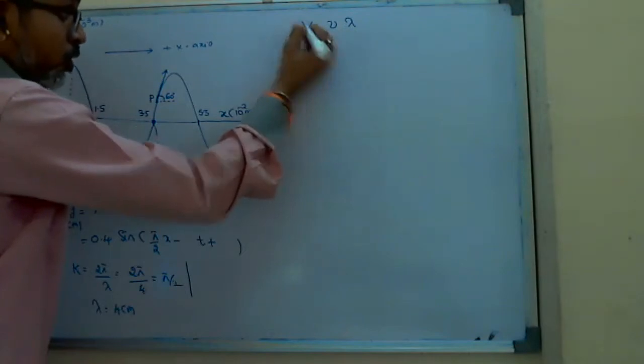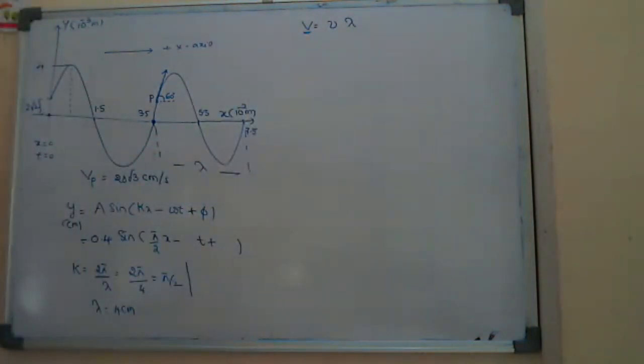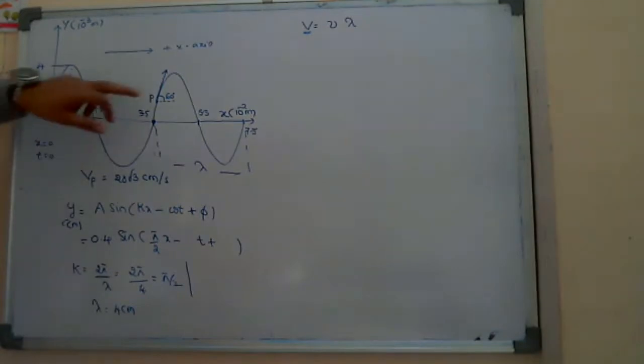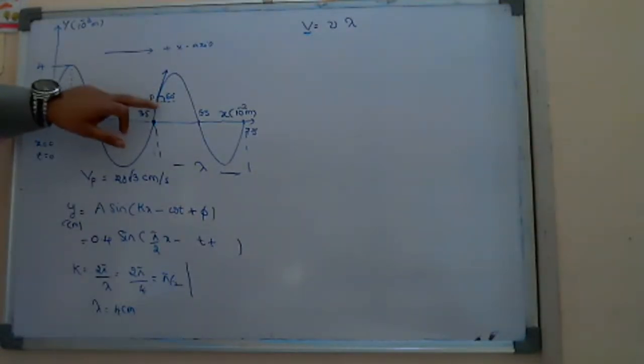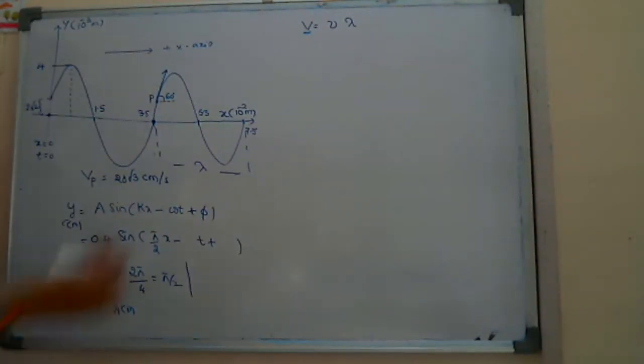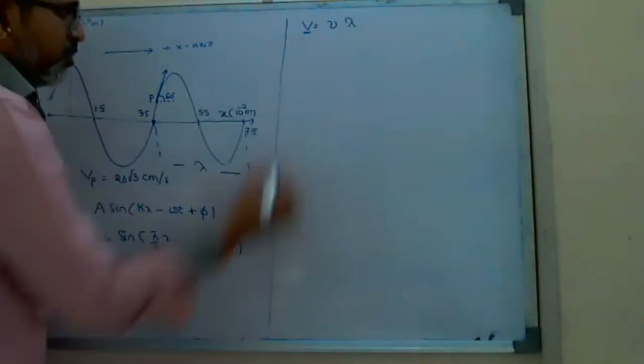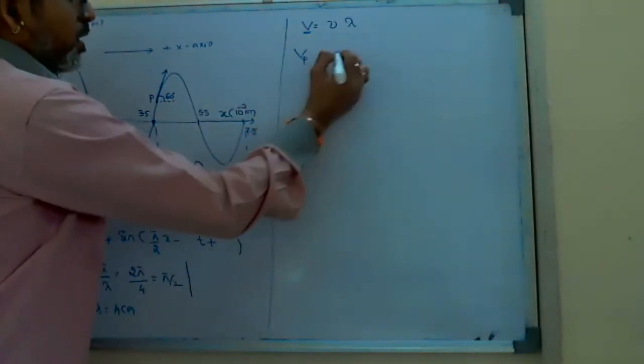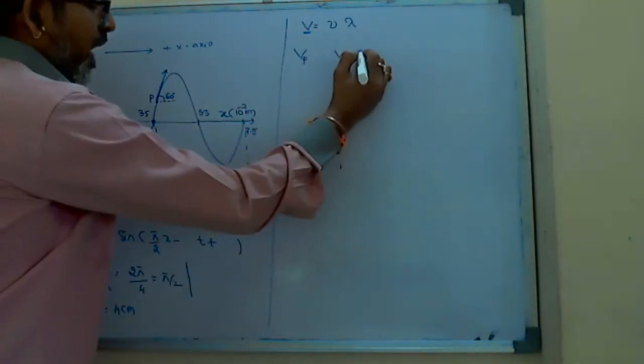Is it the velocity of the wave? No, sir, it's the particle velocity. It is the velocity of the particle, and at that point, you observe he gave the slope also. Yesterday, I don't know whether you remember or not, there is one relation between velocity of particle, velocity of wave, and slope.